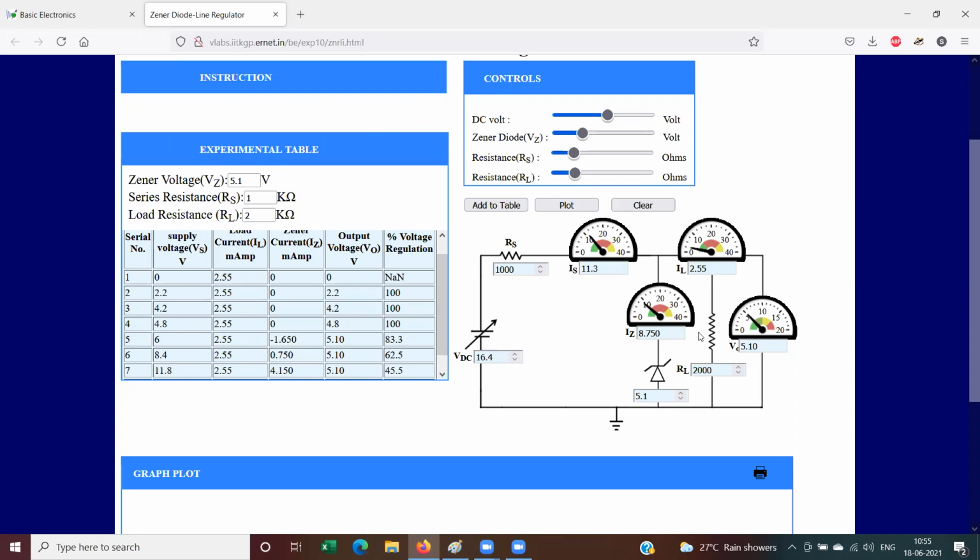And this current IL is also fixed because this voltage is fixed, the load voltage is fixed. So always the balance current is flowing through the Zener diode.